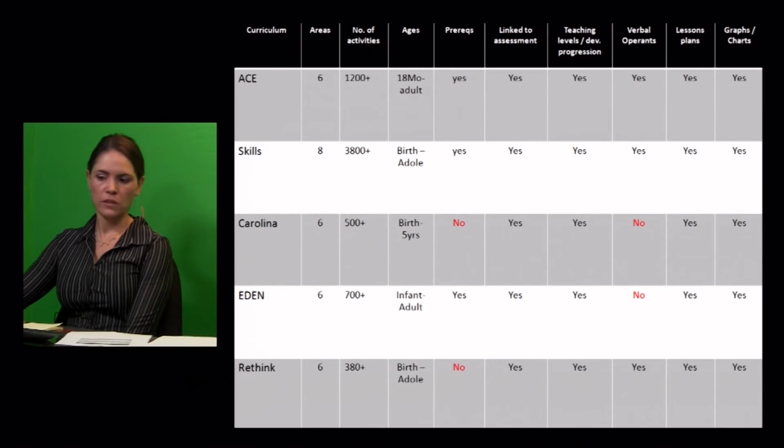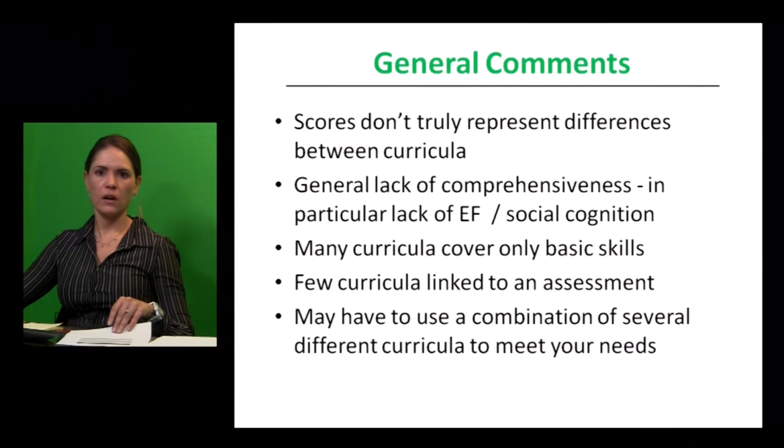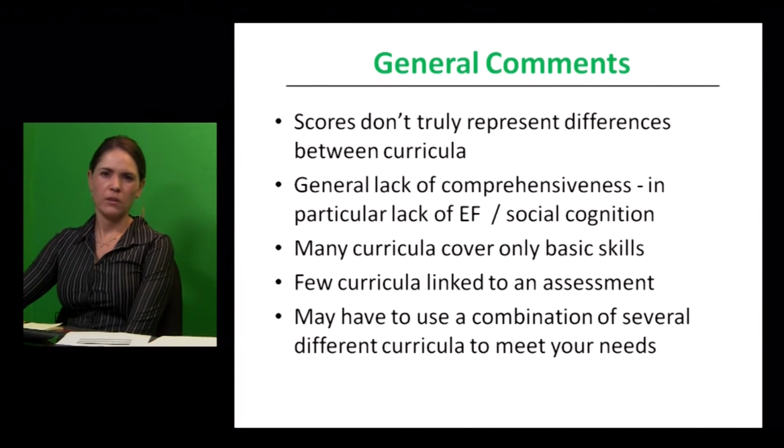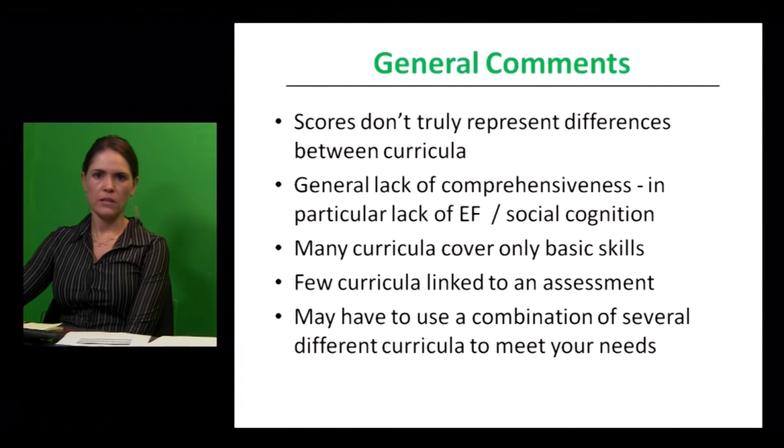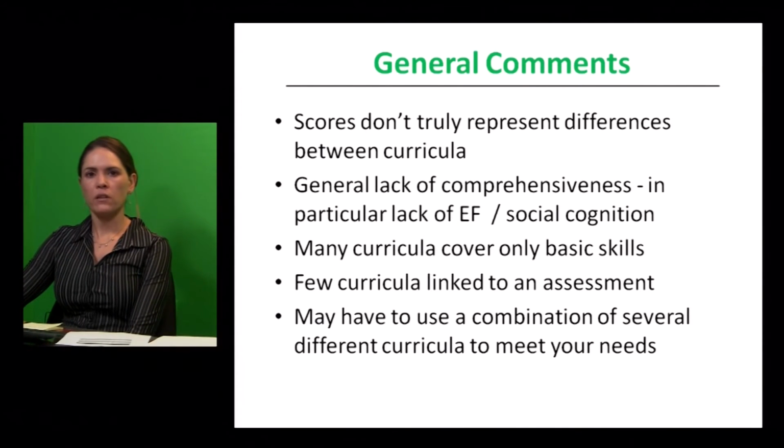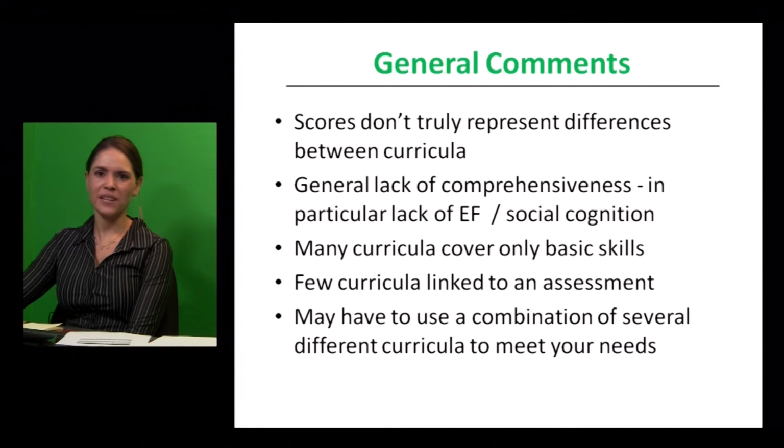So there are some individual differences. Mainly, I would say that overall, the general comment I want to discuss with you is that the scores provided for all these don't truly represent the differences between the curricula. The main reason for this is that there was a general lack of comprehensiveness.